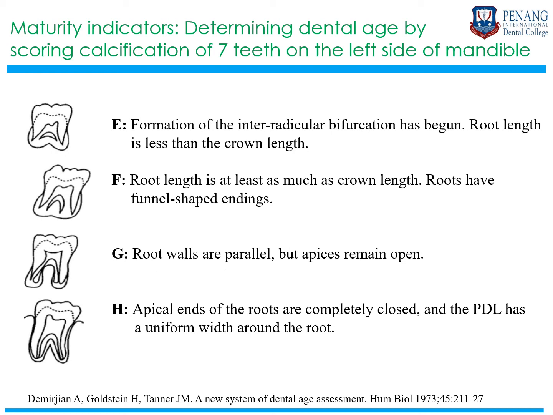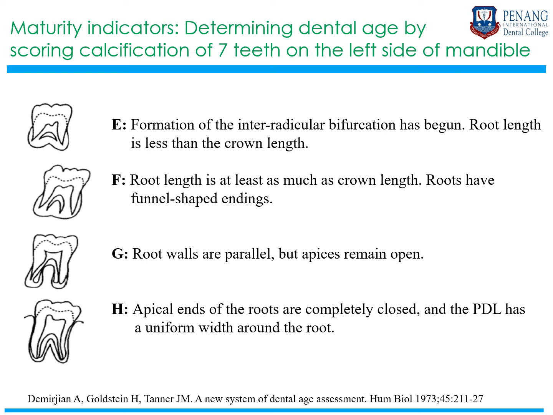In E, you can see the formation of the interradicular bifurcation, and the root length is less than the crown length. In F, root length is at least as much as crown length and the roots have funnel shaped endings.